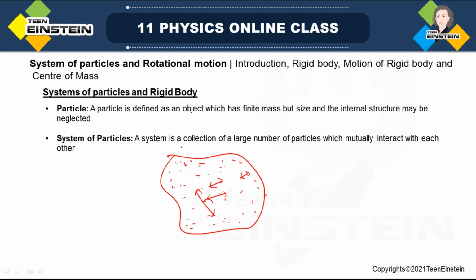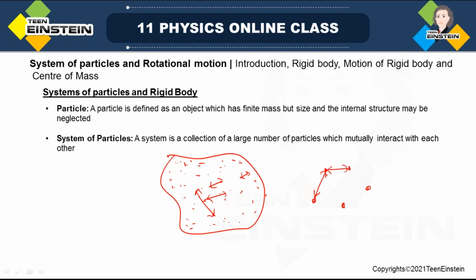A system of particles is a collection of a large number of particles which mutually interact with each other. So if you have an object of 5 particles, this is called a 5 particle system, and they will interact with each other.